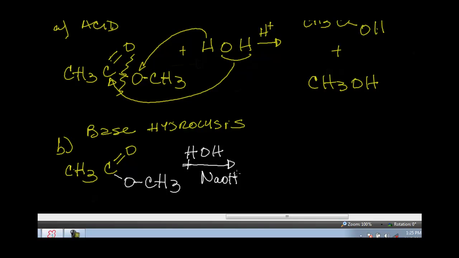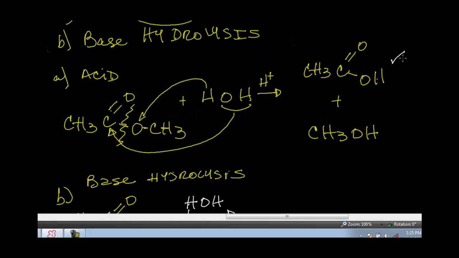Okay, so when I put my hydrolysis, I'm going to repeat the 2 substances that I have here. I'm going to go back to my carboxylic acid and my alcohol, correct?